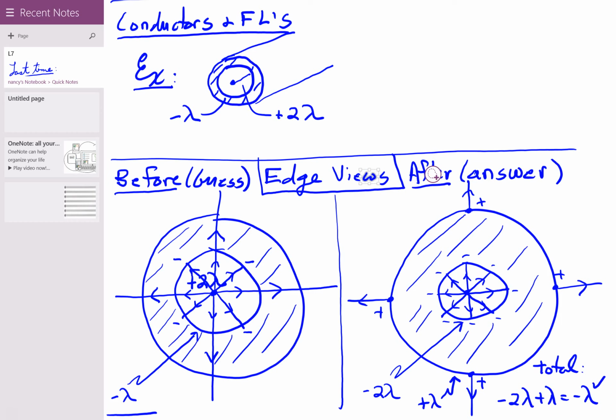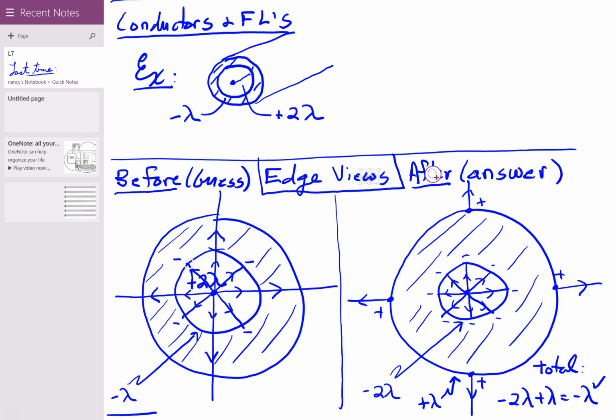What that means then is that the negative charges, which add up to minus lambda, concentrated onto this inner surface, are going to have just enough sucking power to suck up 4 field lines, because the number of lines beginning or ending has to be proportional to your charge. We had twice as much charge in the center, represented by 8 lines, so 4 lines would terminate on this inner surface, and I've indicated that with these 4 minus signs and the diagonal lines terminating.